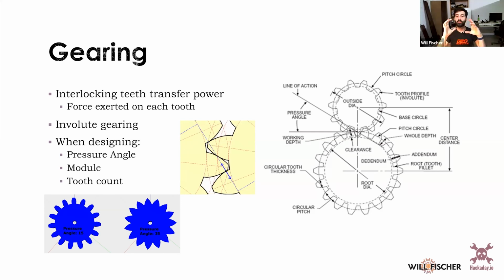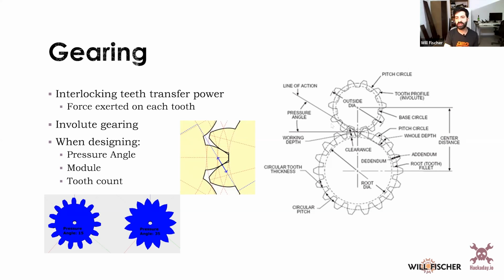You could also give them a pitch diameter, and they'll figure out how many teeth go in there. But if you specify that wrong, you can end up with a fractional number of teeth, which of course doesn't work as a gear. So it's easier to specify tooth count, module, and pressure angle when you're specifying a gear in a mechanical schematic. And you would also always specify the material when you're getting this made by someone else.